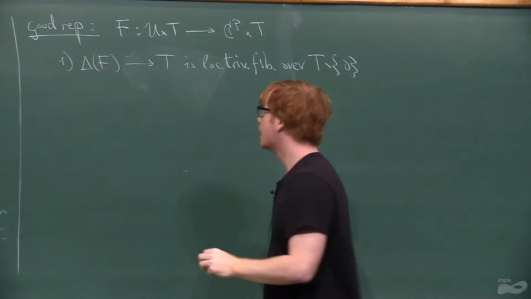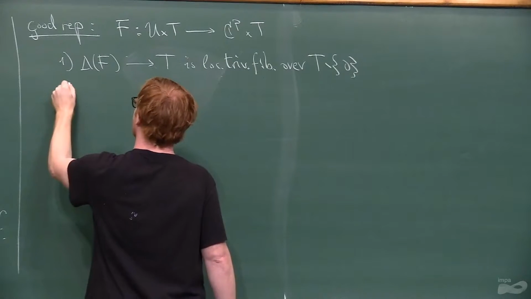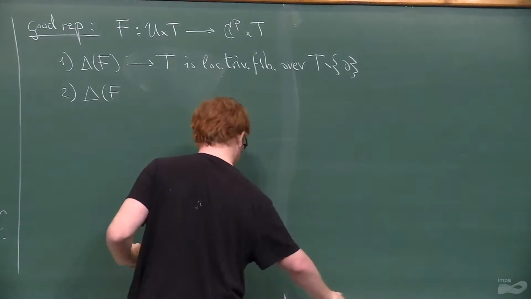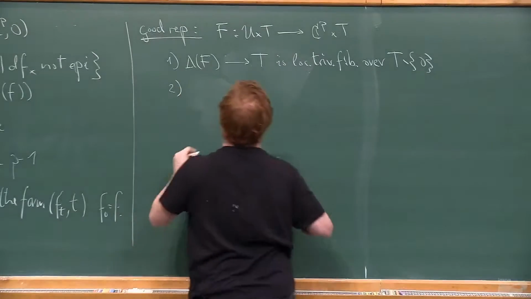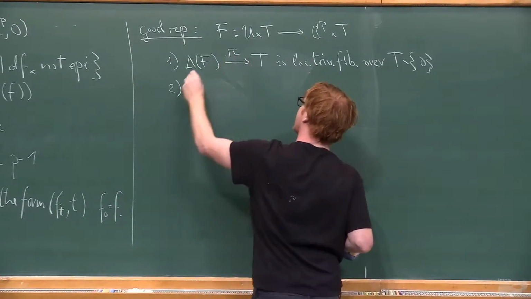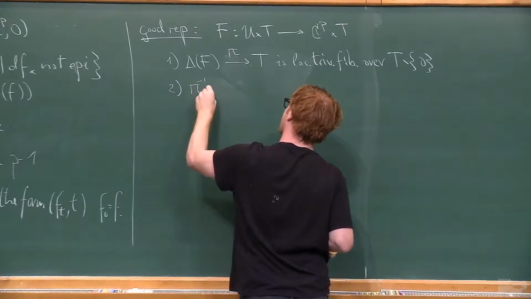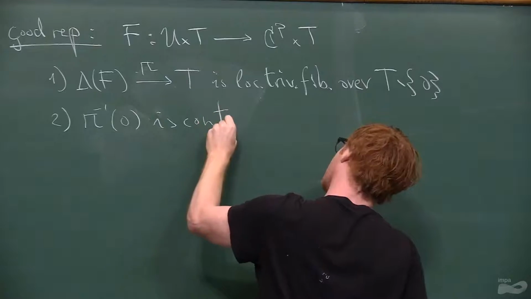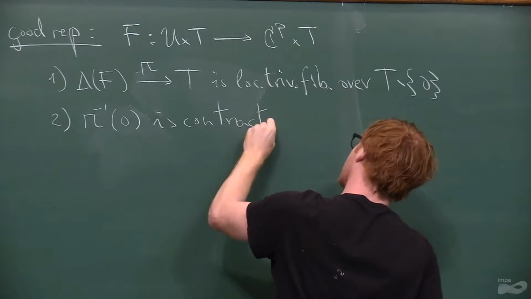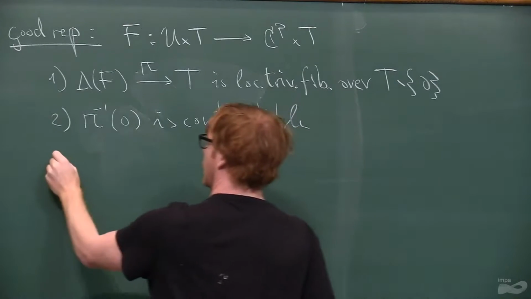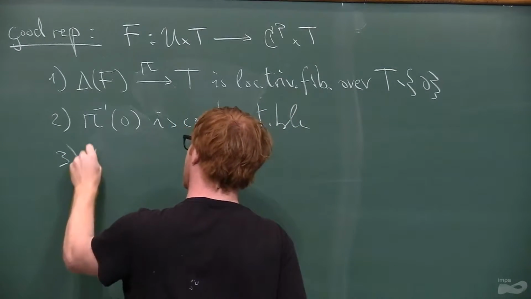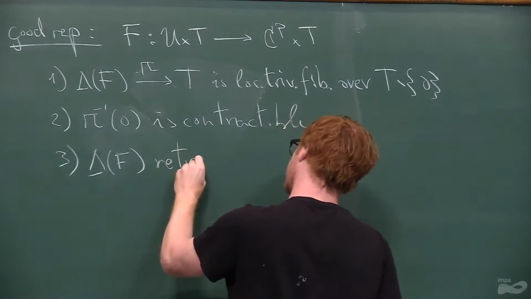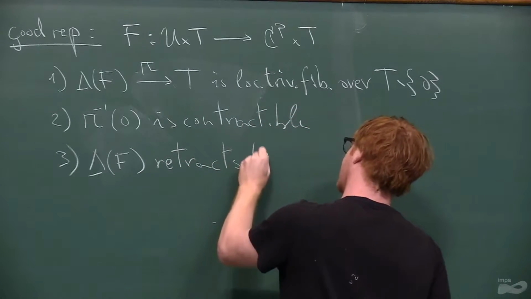Okay? Then you want to ask, I'm going to call this pi, that the central fiber has to be contractible. And three, the discriminant retracts to the central fiber.